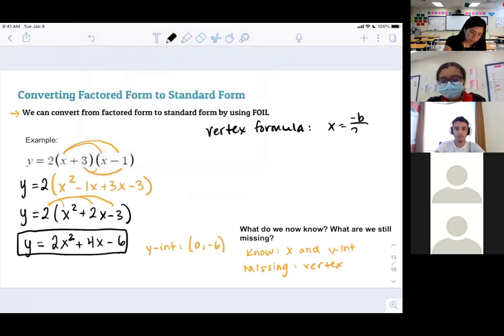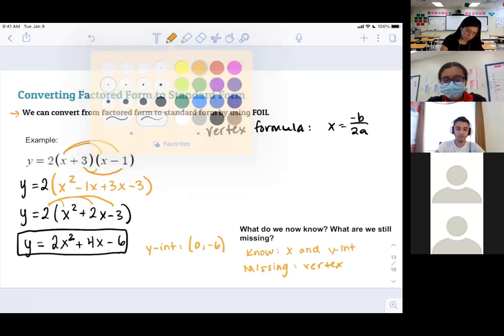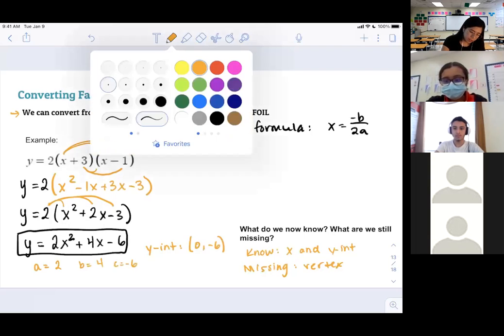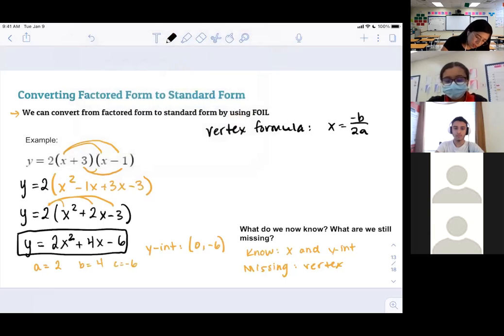Negative b over 2a. Okay, what's my a, what's my b, what's my c? Your a is 2, what's the b? 4 and c negative 6. All right, let's plug that into the vertex formula. What do I write?